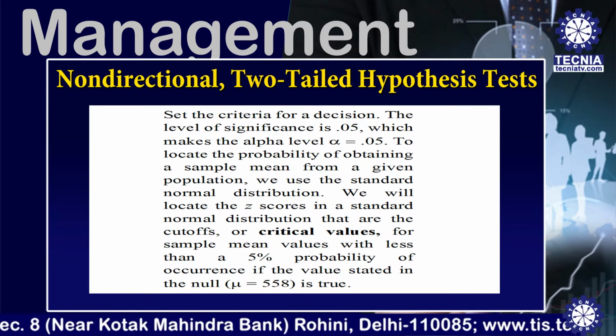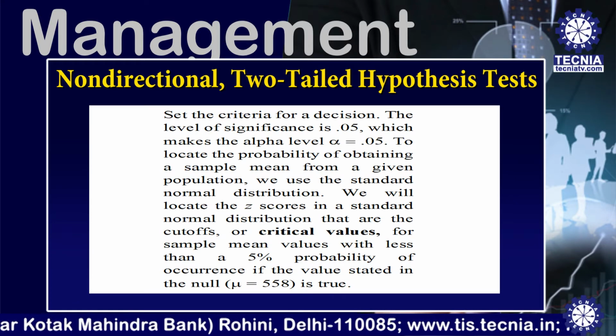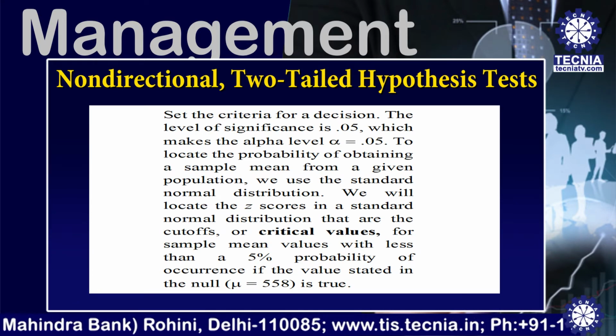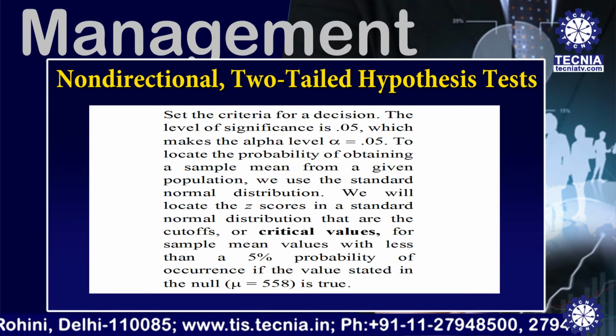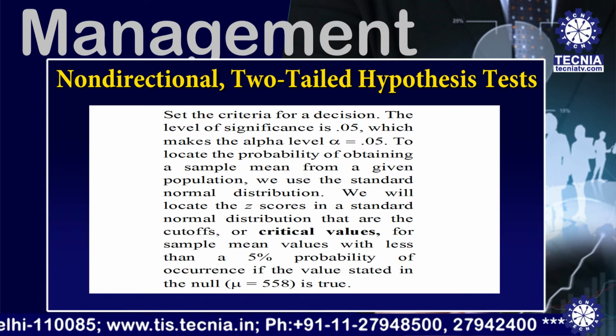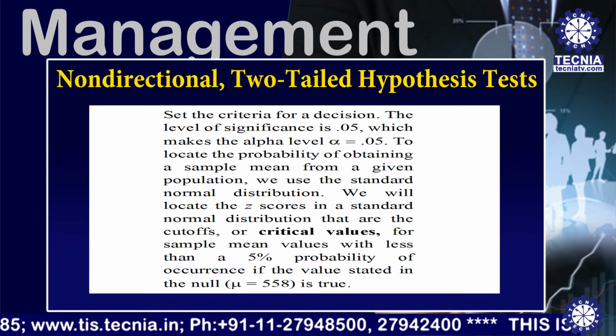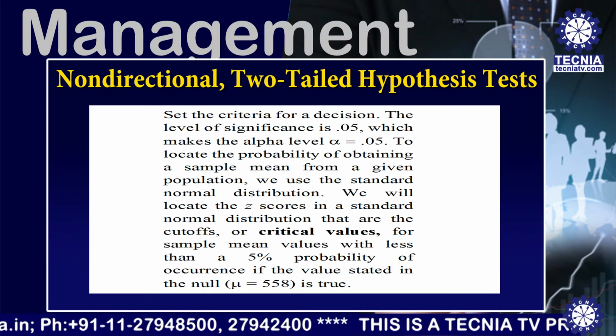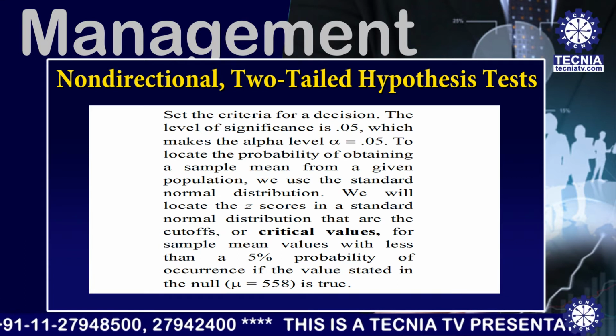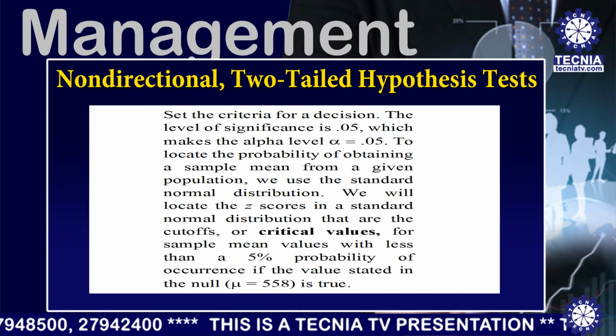Step 2 is concerned with setting the criteria for a decision. The level of significance is 0.05, which makes the alpha level alpha equal to 0.05. To locate the probability of obtaining a sample mean from a given population, we use the standard normal distribution.